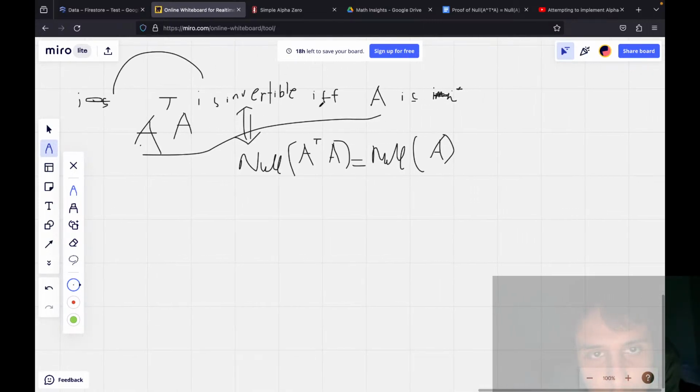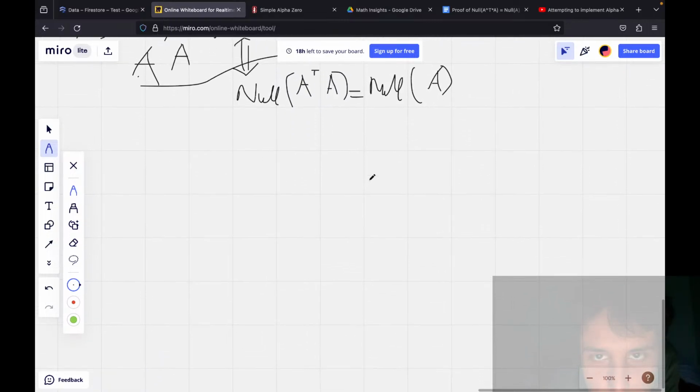This is fairly obvious, but if you can show the null spaces of two matrices are equal, how that relates to this, I'm not going to explain that now, or I might do it afterwards. Now I just want to focus on deriving this. There are two directions.